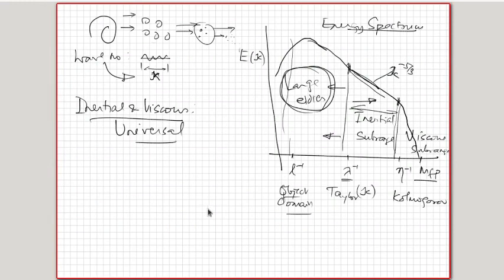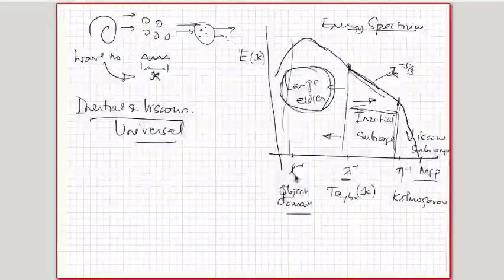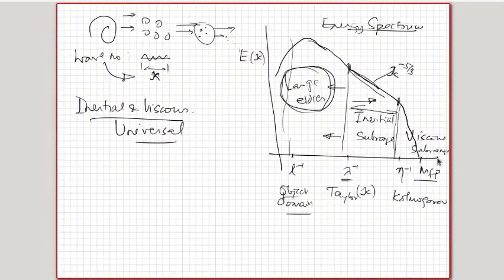Whatever is on the right side of lambda here is universal, which basically means that it doesn't depend on the object that produces the eddies.